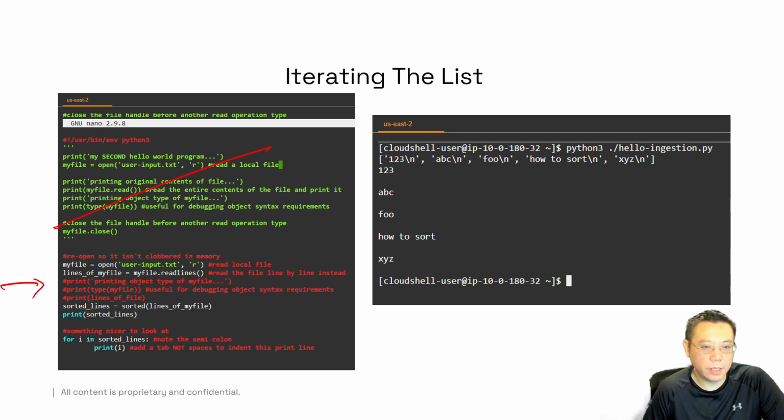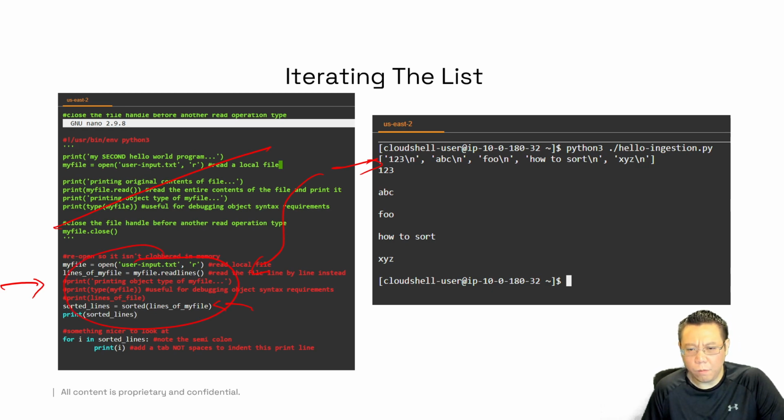Let's go ahead and read the same user input, use readlines by itself, and then sort the lines using what's called sorted. Then print the sorted lines together. So this is what's happening here. It's sorted. And that's what's going on right here.